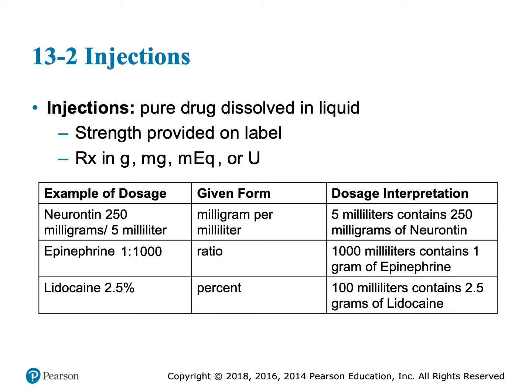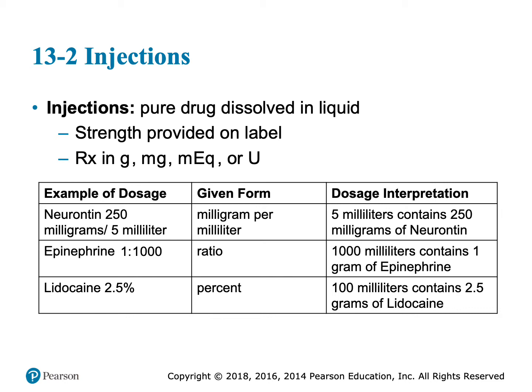And then the last example here, lidocaine 2.5%. The given form is percent, and the interpretation is in 100 milliliters, there is 2.5 grams of lidocaine. And we'll see this, we use local anesthetics in the operating room all the time. 1%, 0.5%, 0.25%, sometimes with epi and sometimes without epi.